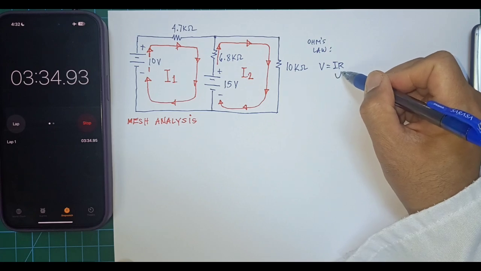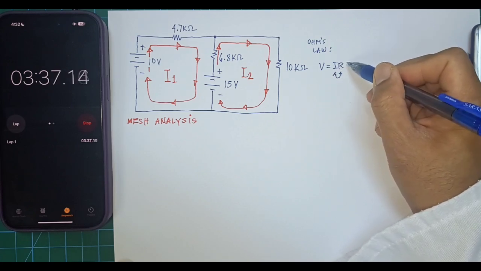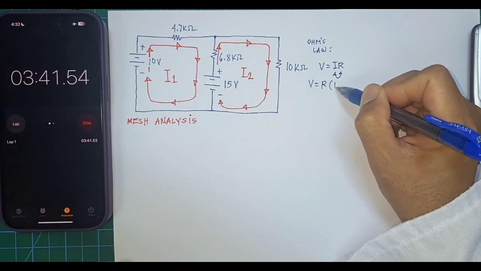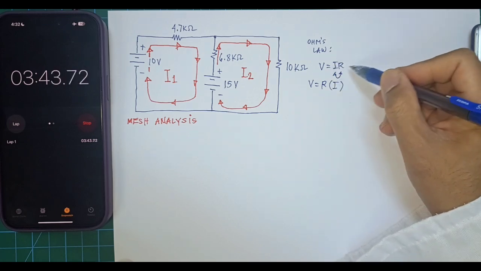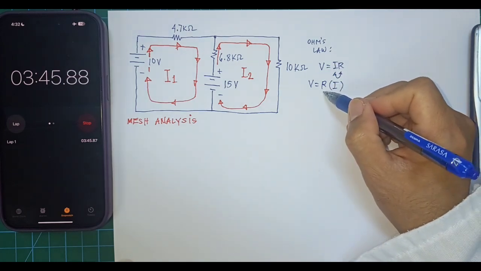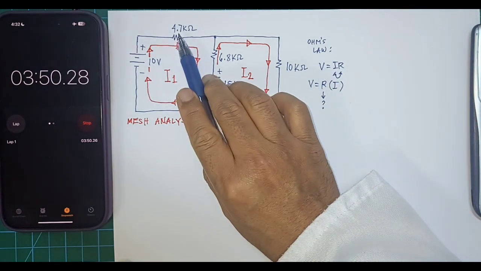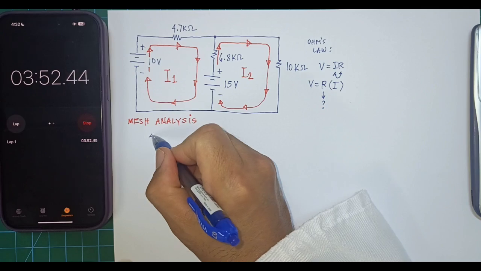We can interchange the position of the I and the R. We can say that voltage is equal to resistance multiplied with the current. It's the same.